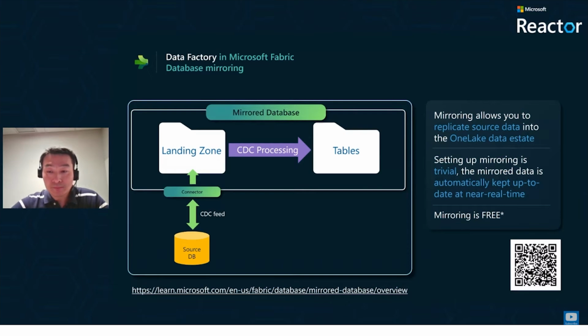This process is important for you to understand, especially when integrating with partners or utilizing the open mirroring feature. You can see the documentation is available on this page with the link, and you can also scan the QR code to see more.